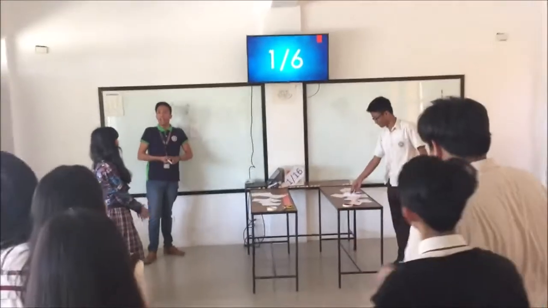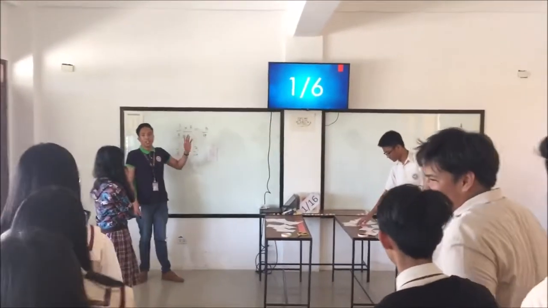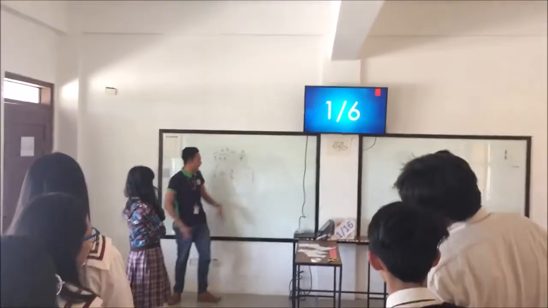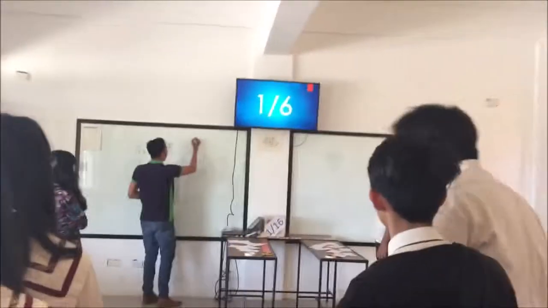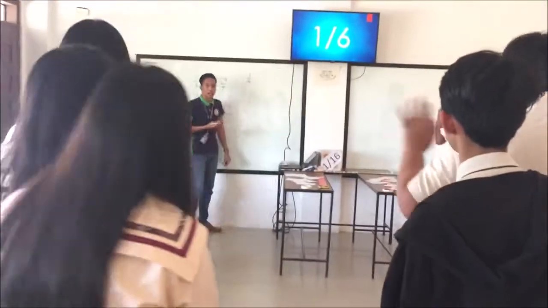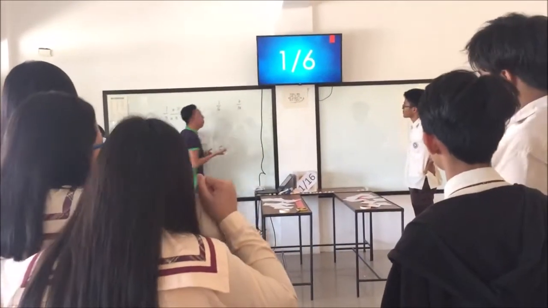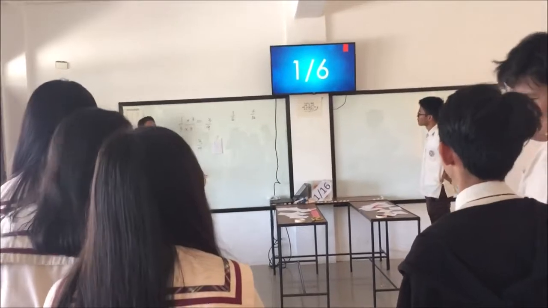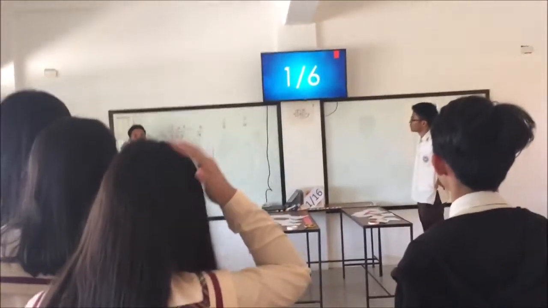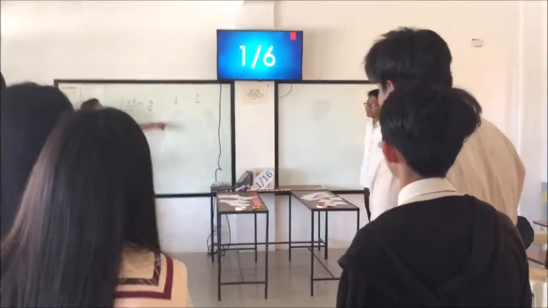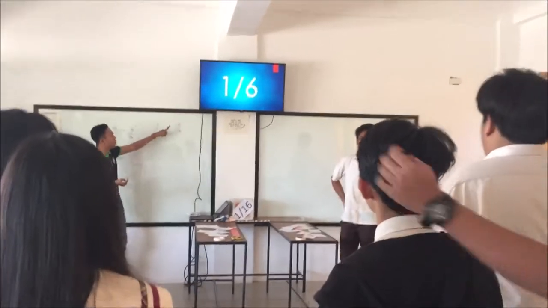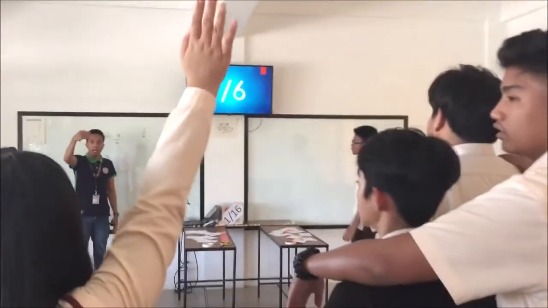Let's now check if her answer is correct. Alright? Let's see. Our given is 1/6. So the product must be 2/12. So what number will we use? We will multiply the numerator and denominator to make it 2/12. Yes, Renee? 2.